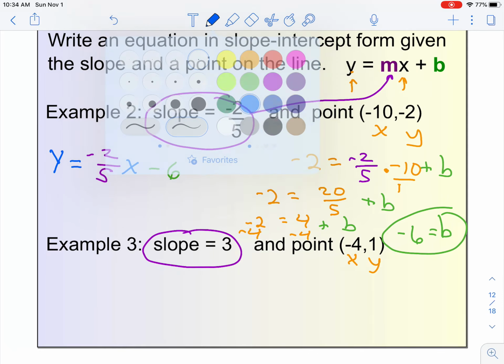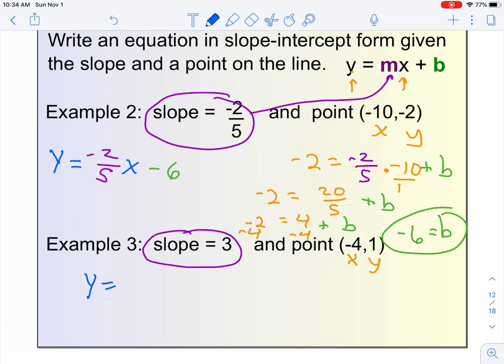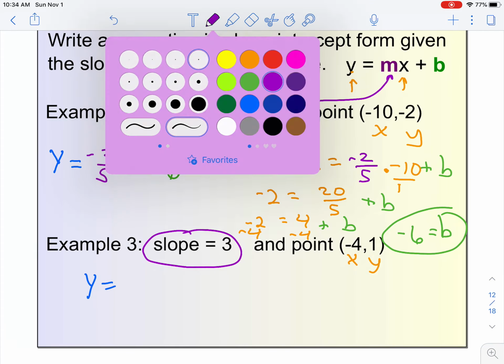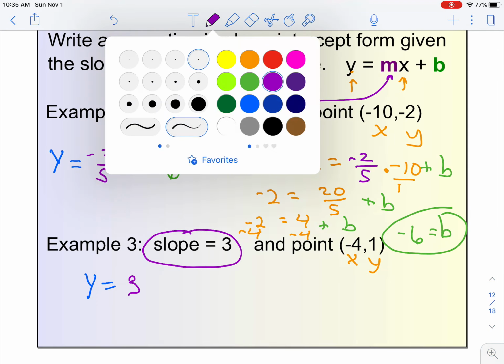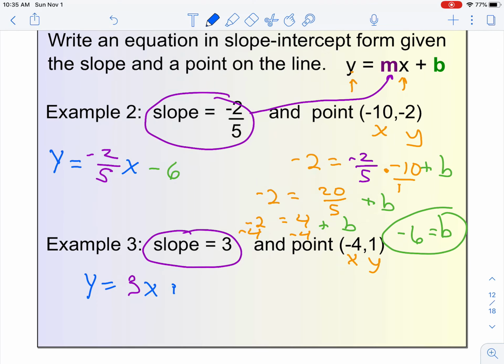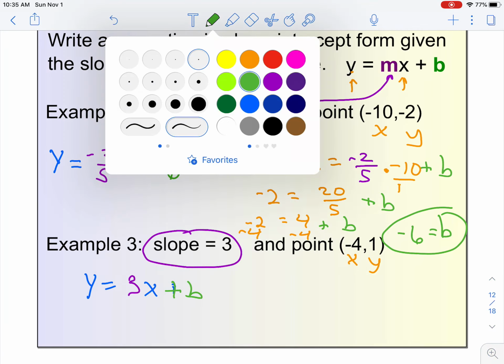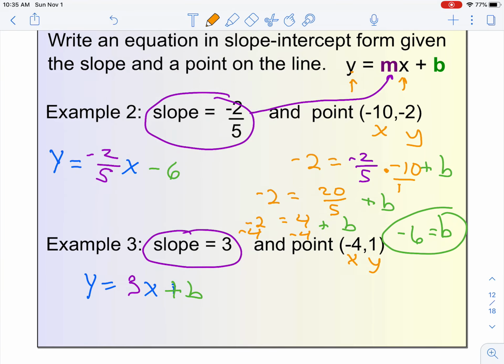Okay, we start by writing the equation y equals, and I like to put my slope in first, that's just me. So there's my 3x plus b. But again, you could put those x and y values in right away. So my y value is 1 and my x value is -4.